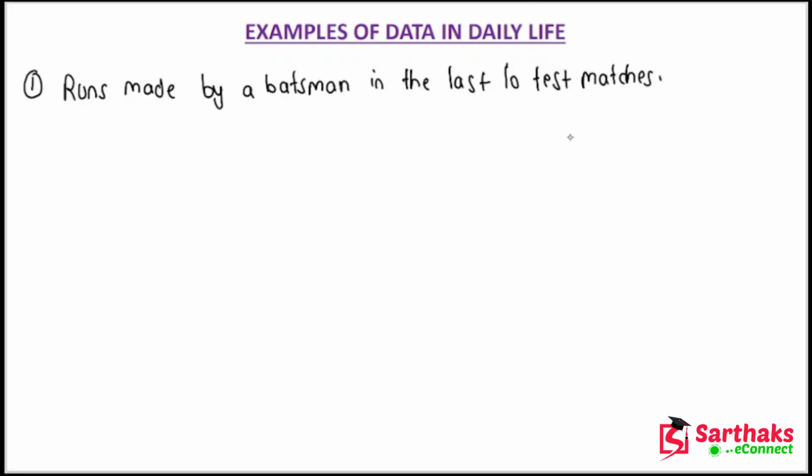That is also data. It can be crucial information for somebody who wants to take out the average, or who wants to throw some light on the career of that particular batsman. For that particular information, he needs this kind of data. So any kind of runs which this batsman made are serving as data for that particular person.